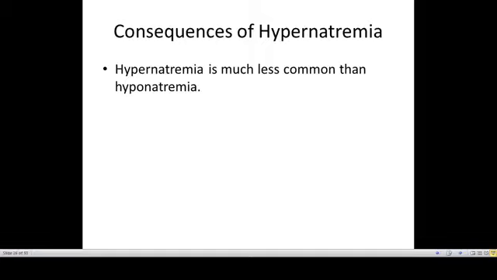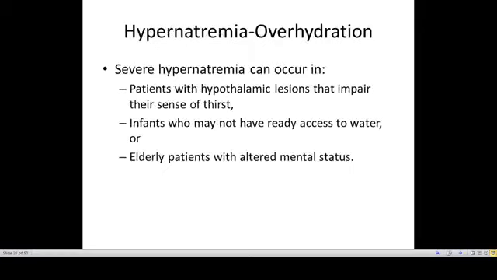However, in spite of these corrective measures, severe hypernatremia can occur in, number one, patients with hypothalamic lesions that impair their sense of thirst. Number two, in infants who may not have ready access to water. Or number three, in elderly patients with altered mental status.